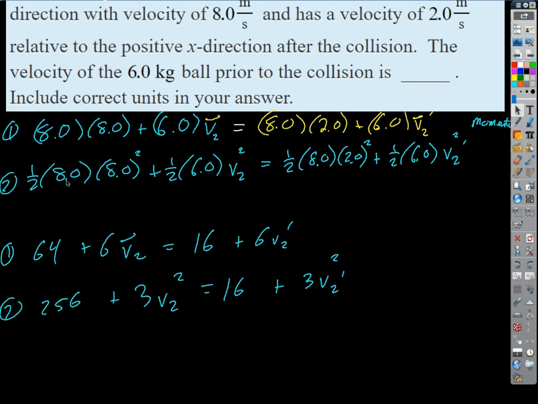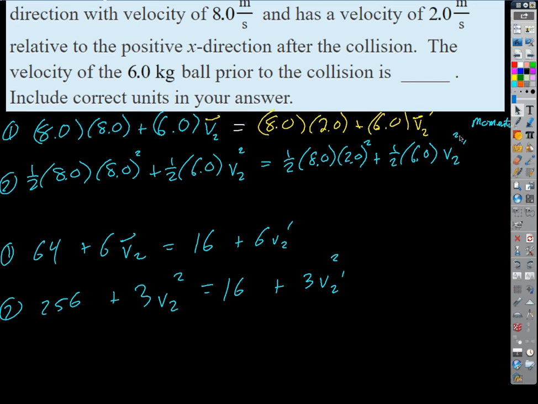So 1/2 m1 v1 squared plus 1/2 m2 v2 squared equals 1/2 m1 v1 prime squared plus 1/2 m2 v2 prime squared. Now, what does it mean when you square? Remember, kinetic energy is a scalar quantity. It doesn't depend on the sign of the velocity, right? All we're looking at is a magnitude, it's a speed, okay?